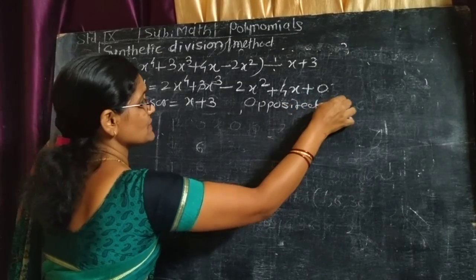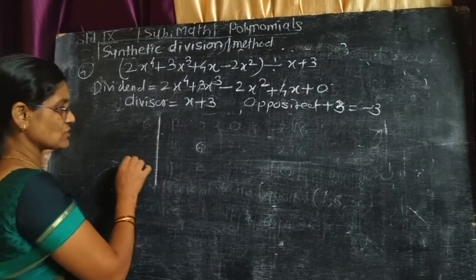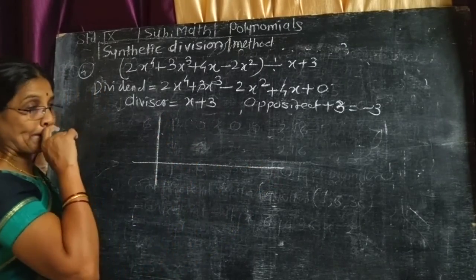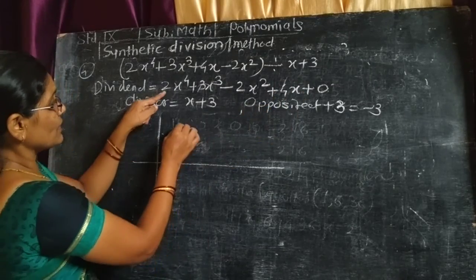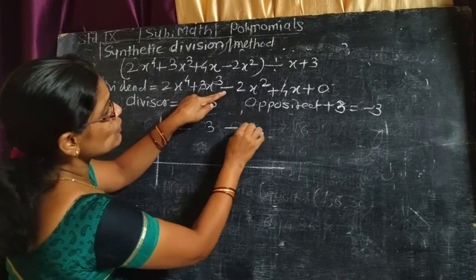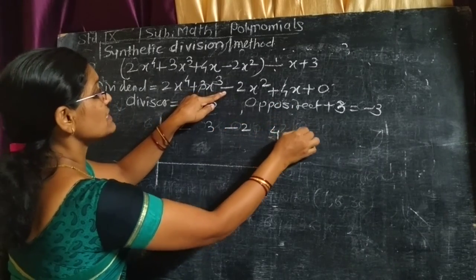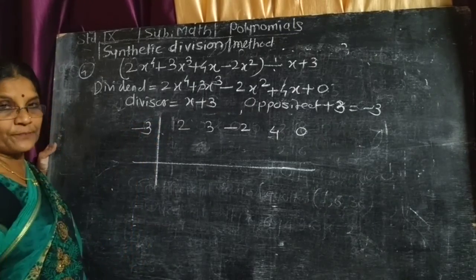Opposite of plus 3 is equal to minus 3, and now we can solve as usual. Write down these all coefficients in first step. Here 2, then 3, minus 2, 4, and last 0. And this opposite, that is minus 3.